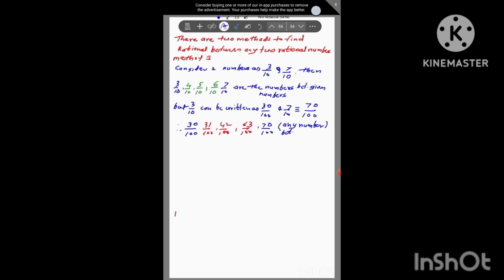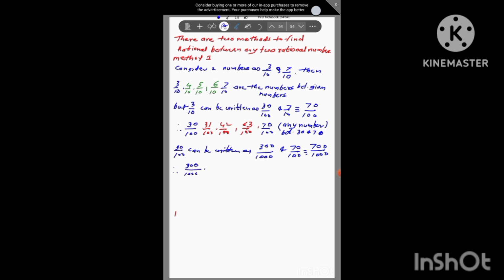Now we go ahead. 30 upon 100 can be written, if you multiply numerator and denominator again by 10, as 300 upon 1000. Get it here? And 70 upon 100 can be written as 700 upon 1000. These are the same numbers. So we can write any numbers between 300 and 700 divided by 1000.